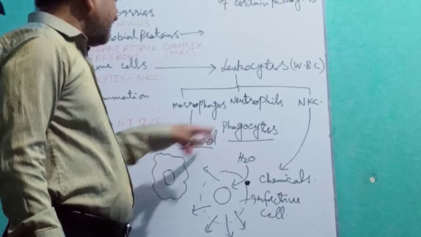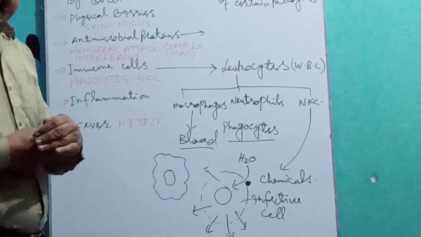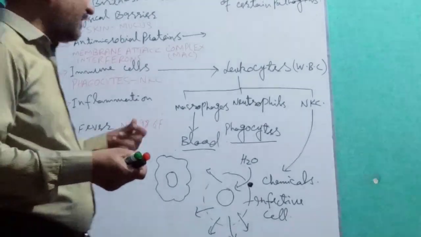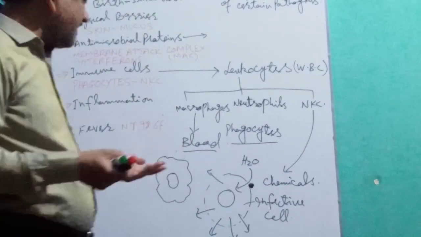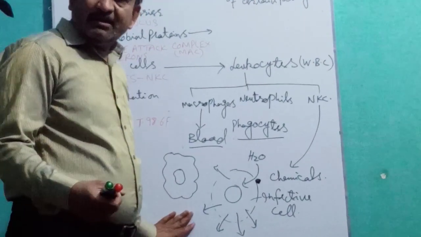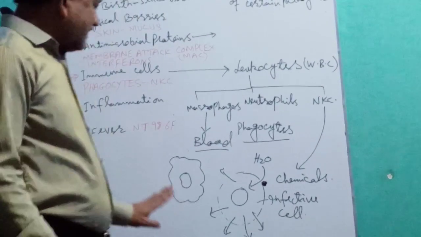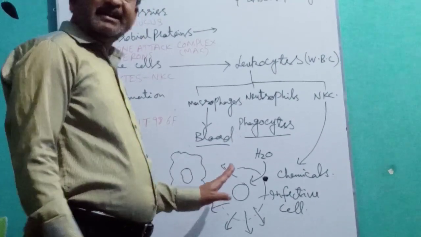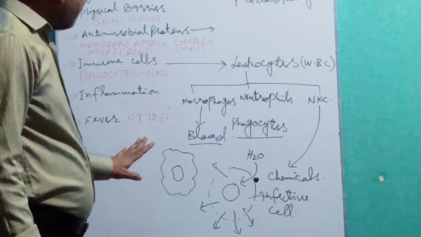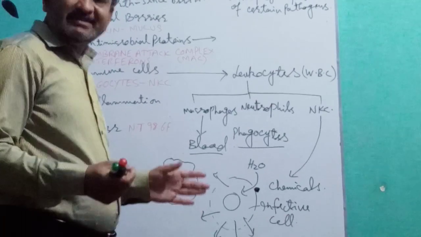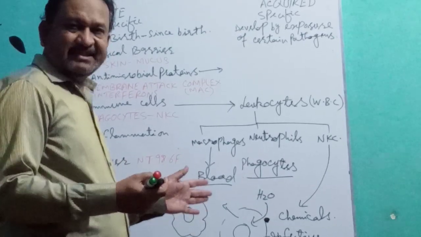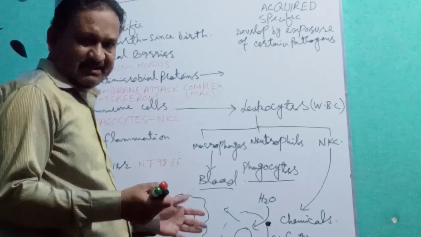The macrophages and neutrophils are patrolling in blood normally. When things are quiet, their numbers are very low or normal. But when infection is there, the macrophages increase their number. Actually, they are produced from the monocytes, which are again white blood cells.